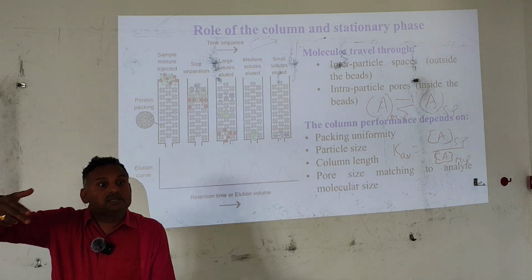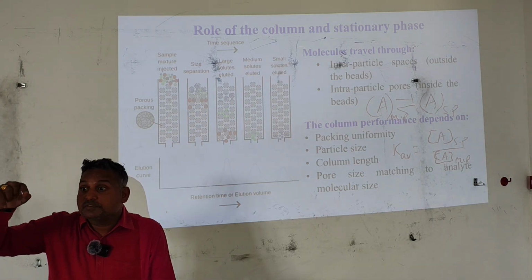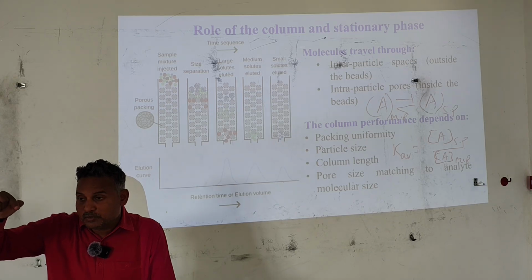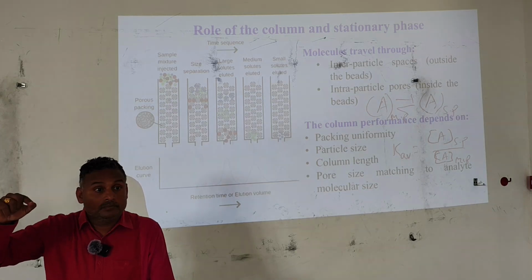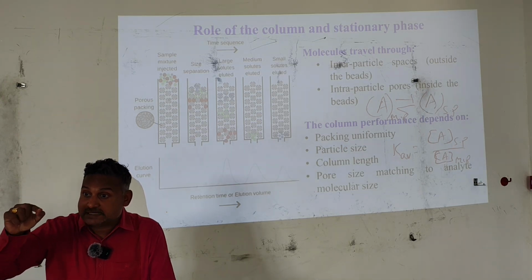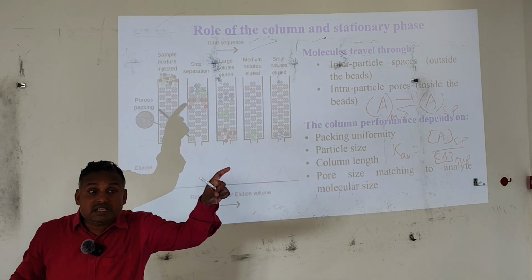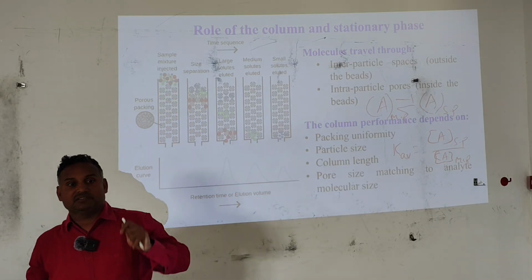Within the porous beads, we have different stationary phases with different pore sizes. You need to choose a column in which the stationary phase has pore sizes that match the size of the molecules present in the mixture.